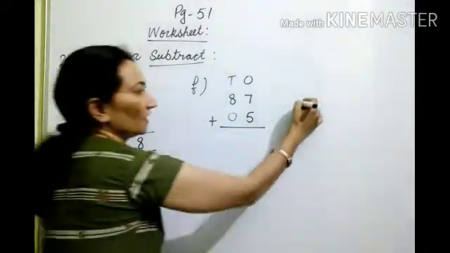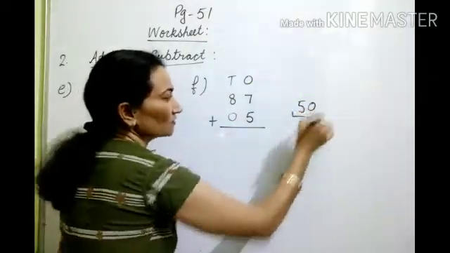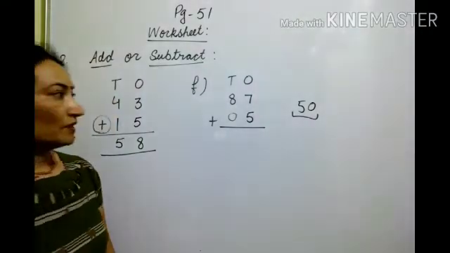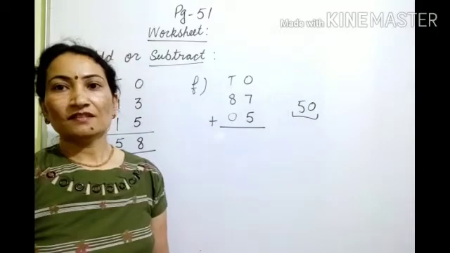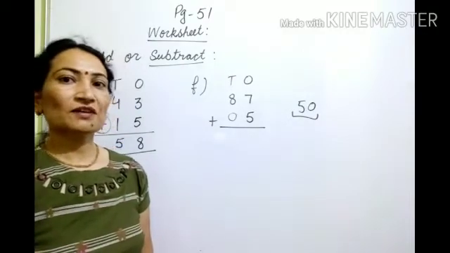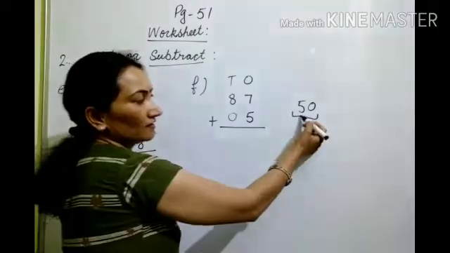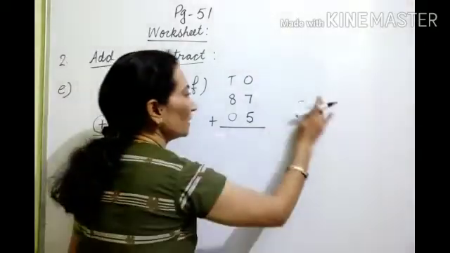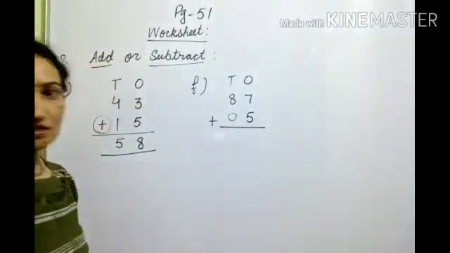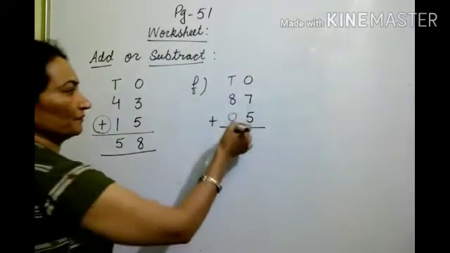If we write 0 after any digit, then it increases the value of the digit. Here 50 and here is 5. So before any digit we can put 0 and we can fill the column.